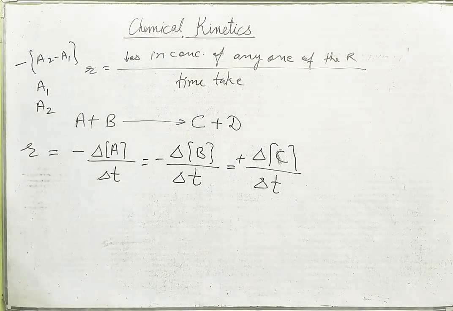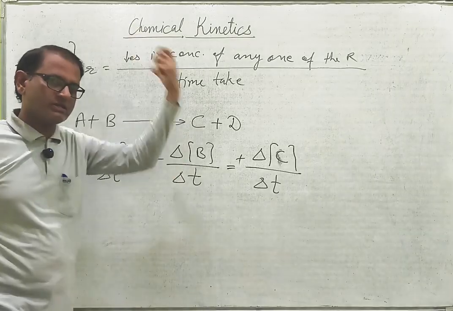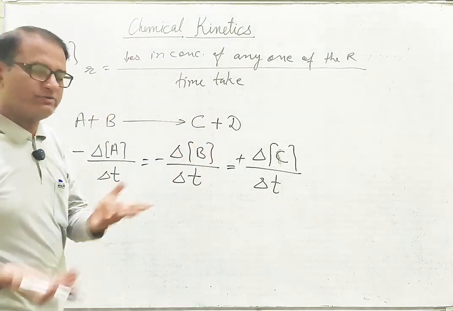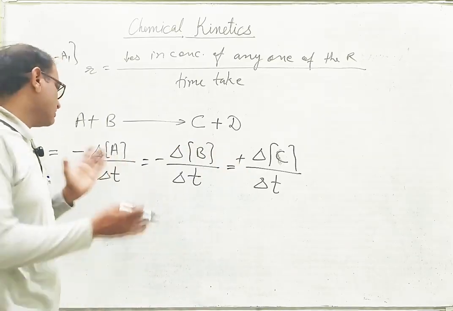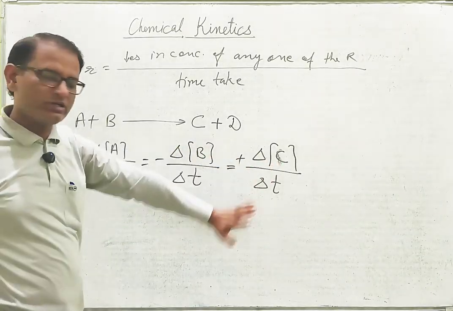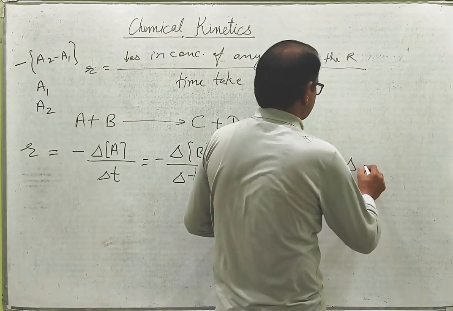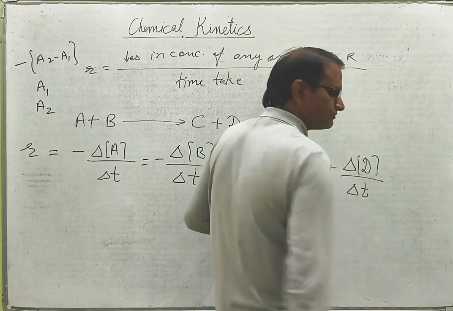C increasing means the final value of the concentration of C will be higher, so final value minus initial value will of course be positive. The positive sign is already there, so rate will be positive. That is why it is equal to plus delta D upon delta T.